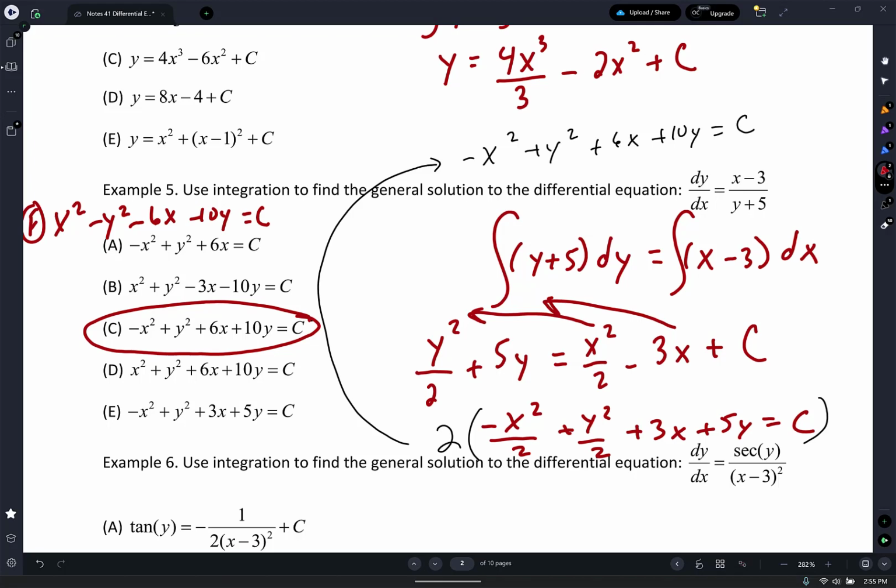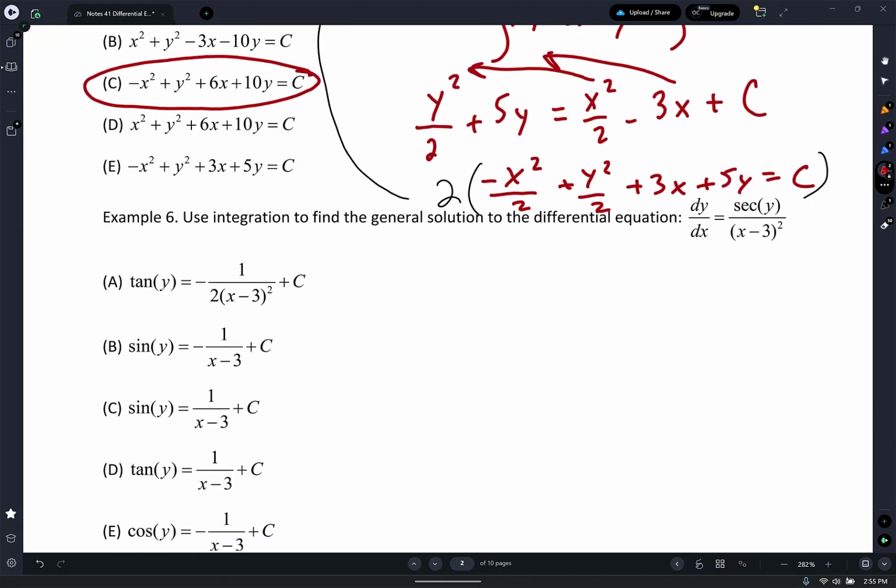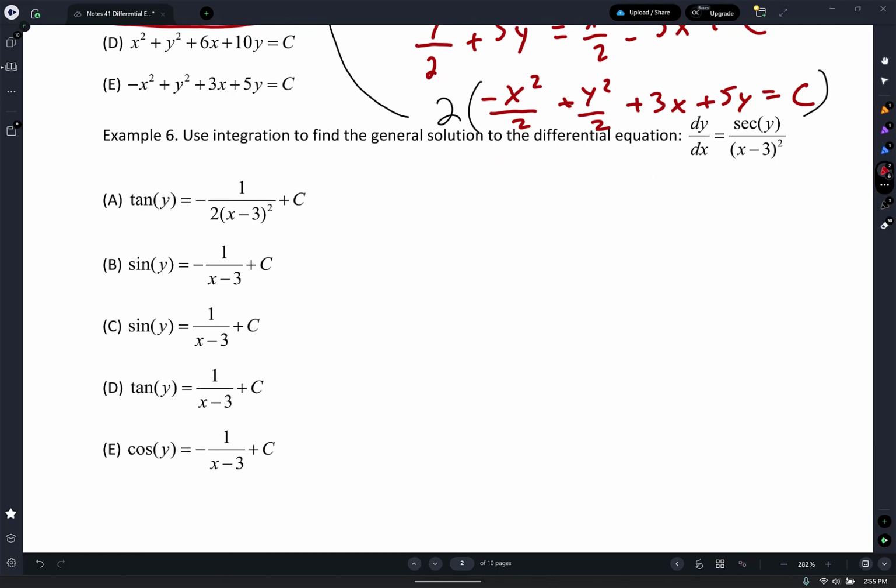All right. Here we go. Next one, example 6. So I see a secant y there. Divide. Here's what I see: dy over secant y equals 1 over (x minus 3) squared dx. Oh, I don't know the antiderivative of secant y.